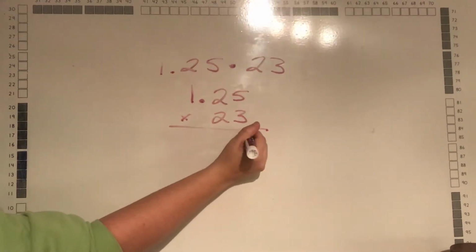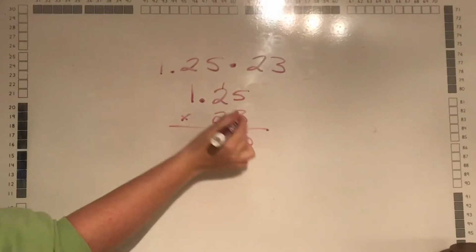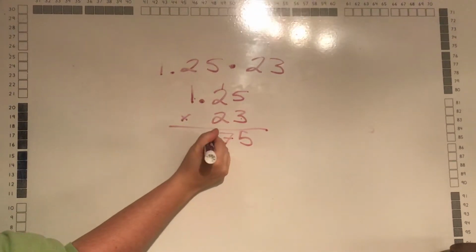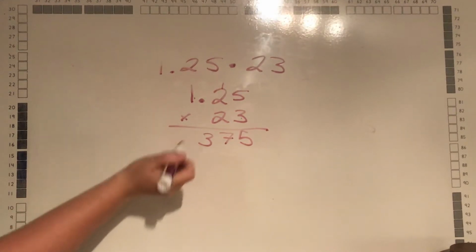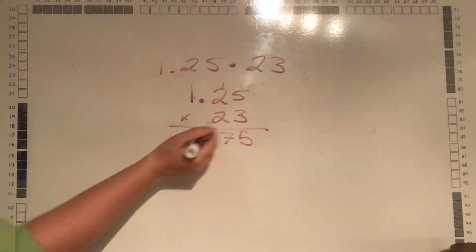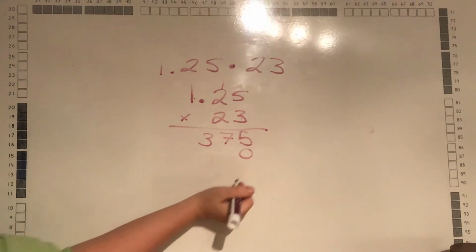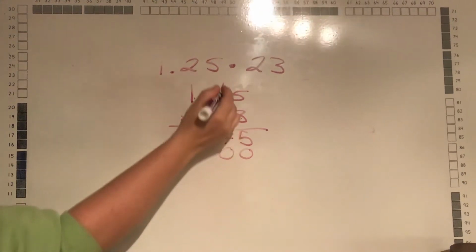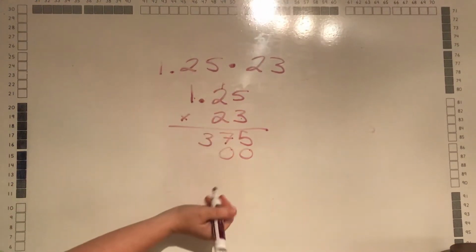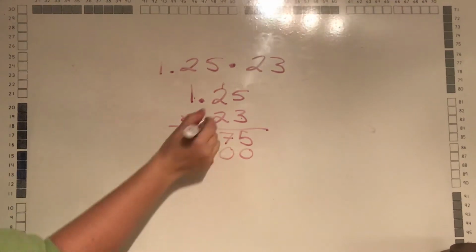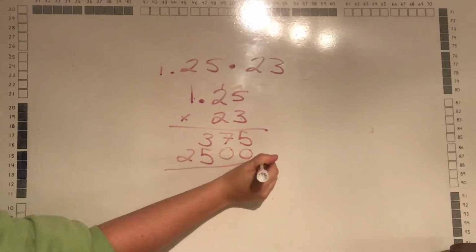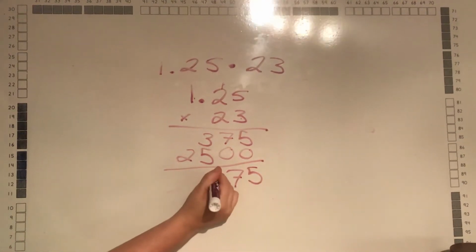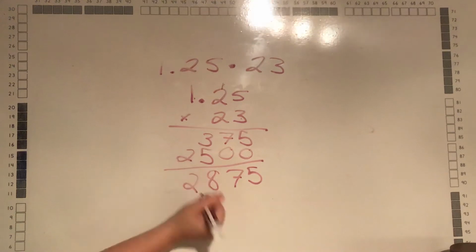So 3 times 5 is 15, carry the 1, 3 times 2 is 6, plus 1 is 7, 3 times 1 is 3. Then we move to our 10 spot. When we multiply a double digit like that, we remember we have to add a 0 for our 10 spot, then multiply by that number. So 2 times 5 is 10, carry the 1, 2 times 2 is 4, plus 1 is 5, and 2 times 1 is 2. We then add those together, 5, 7, 8, 2.